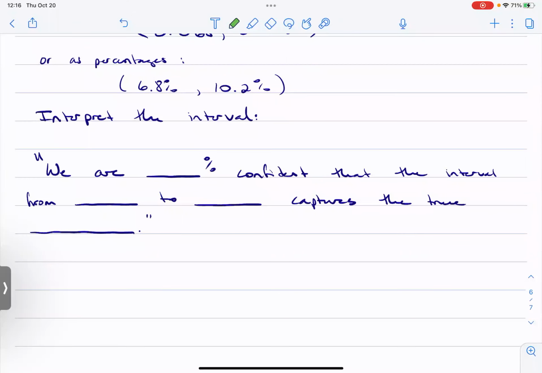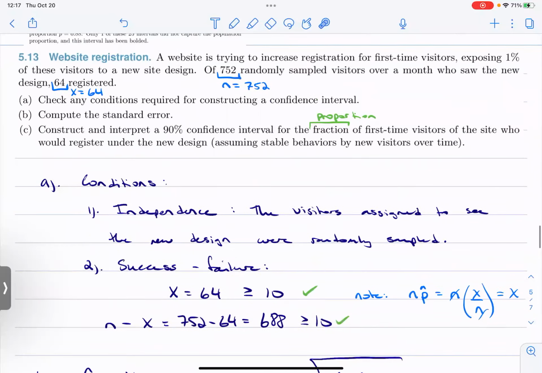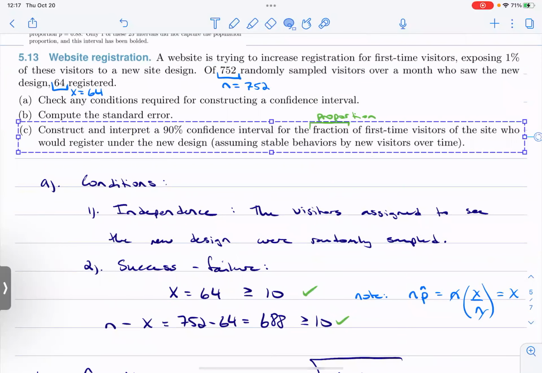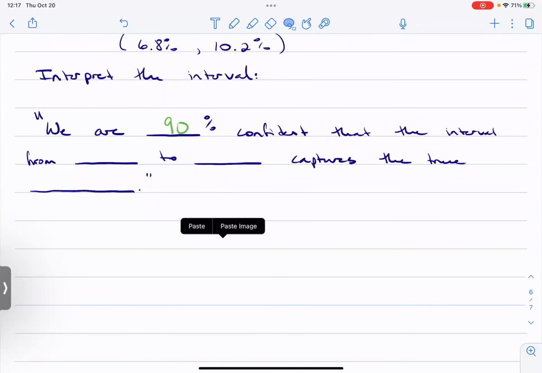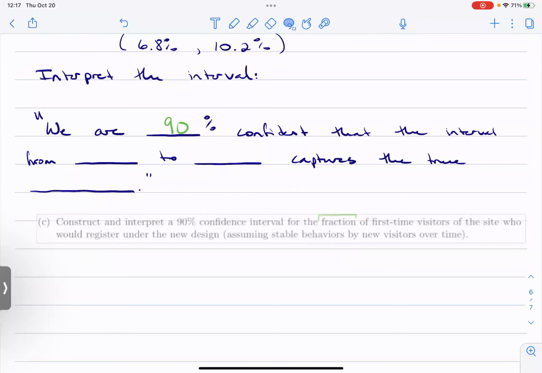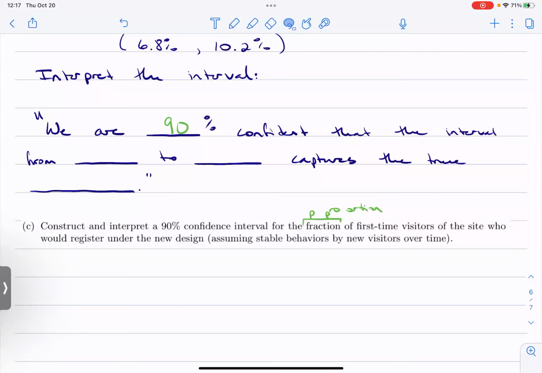We built a 90% confidence interval, so we are 90% confident that the interval from, and here it's dealer's choice, the question was in terms of the proportion.